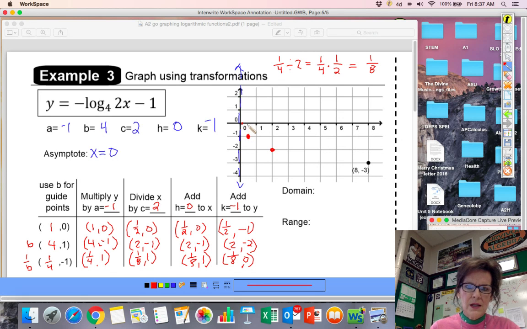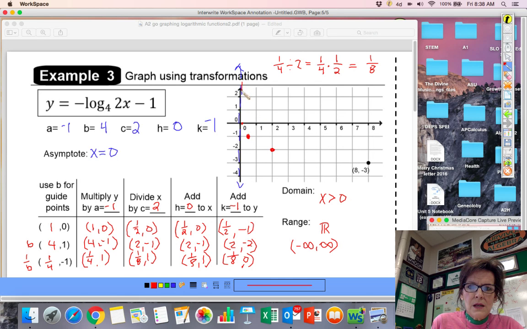So our range, just like all log functions, is all real numbers. Again, you can write that with a double bar R, or we can put it in interval notation, of course, -infinity to +infinity. The domain is strictly greater than the asymptote, so we're going to say x greater than 0.